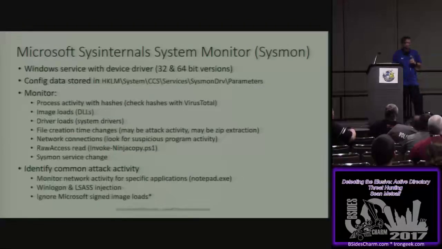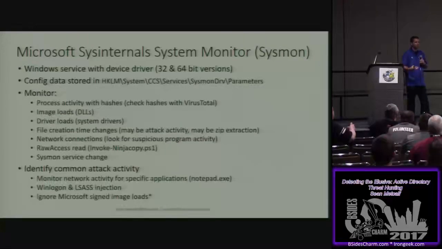And there's a number of things here, like process activity with hashes, image load, driver loads, file creation time changes, network connections. So this is the one that I really like about Sysmon, is network connections. We can also look for injection into WinLogon and LSASS. We can look at raw disk reads from the file system.